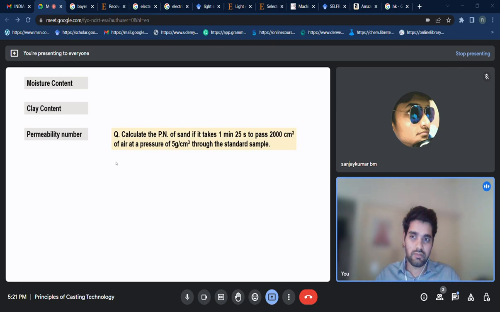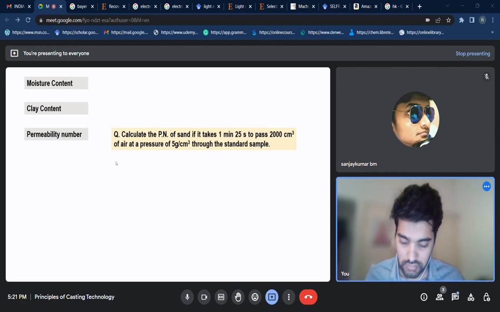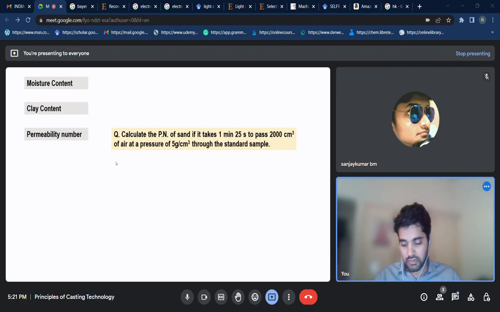If you talk about bentonite clay, these are sheet-like structures. If you see the morphology in any SEM technique, you will see sheet-like structures, while some other clays are rod-like structures and all.